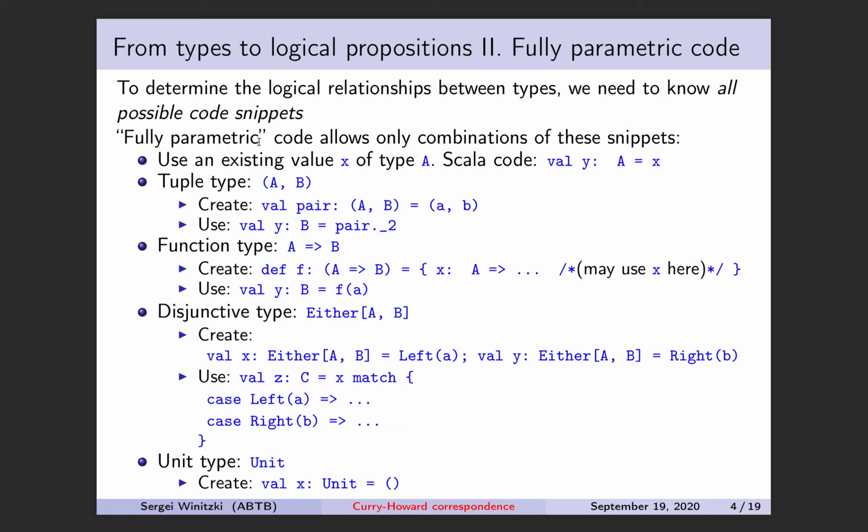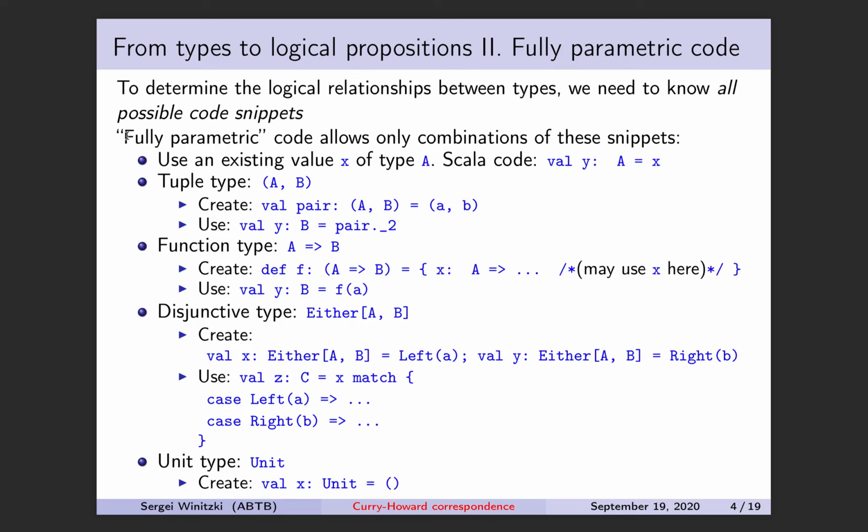It is actually stronger than the restriction to purely functional code. Purely functional code would allow you to use specific types, like integer, or to check that a type parameter is integer or not. For integer, you do one thing. For non-integer, you do some other thing. Purely functional code is not the same as fully parametric.